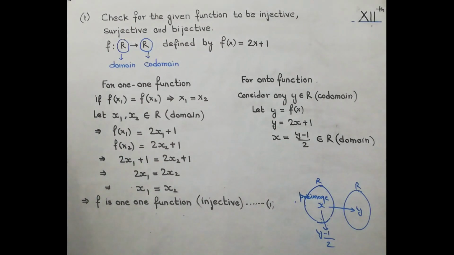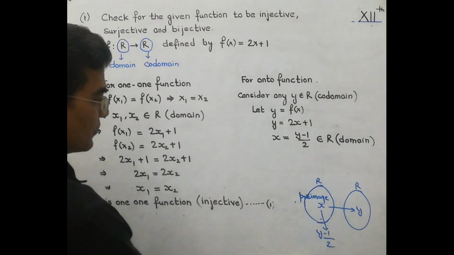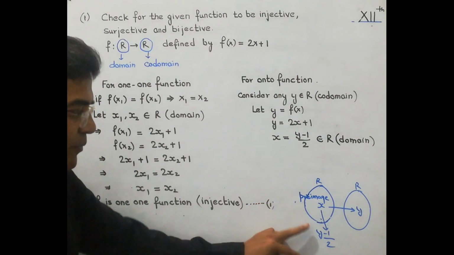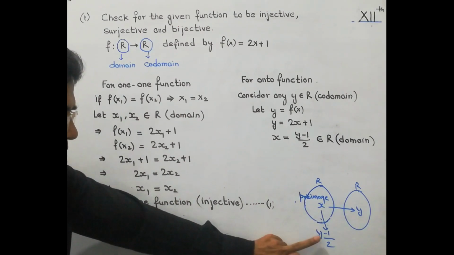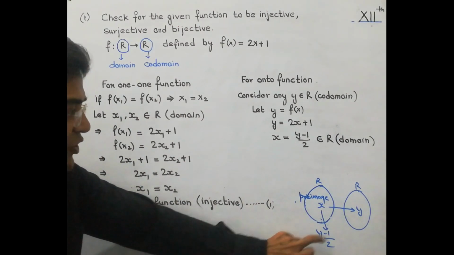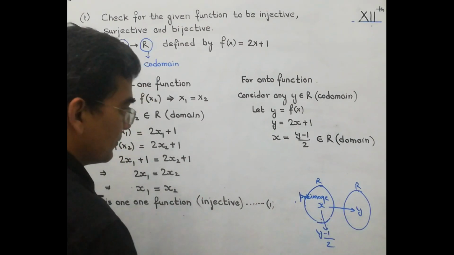Now we know that in a function, if we substitute the value of x, that means if we substitute the pre-image, then we should get the image. In a function, if we substitute the value of x, that is the pre-image, we should get it equal to y, that is the image. Now we will try to solve this over here. See, I am going to substitute in the function, in place of x, I will be substituting this, and I should get this y. Now let's see it.